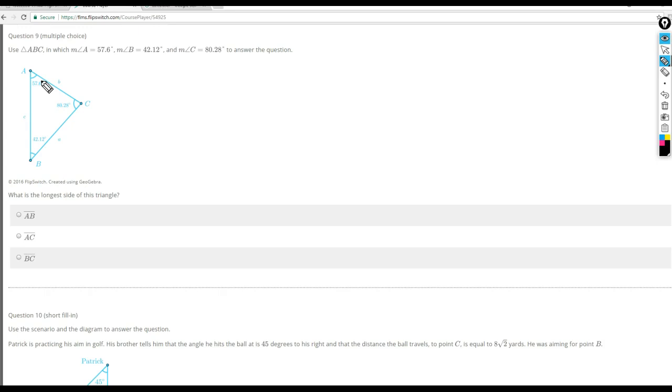And the largest angle will be opposite the longest side, because if you think about a door hinging open, I'm trying to think of how to draw this.